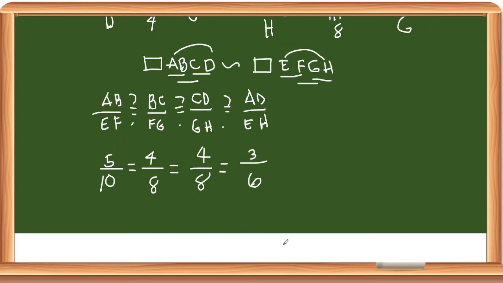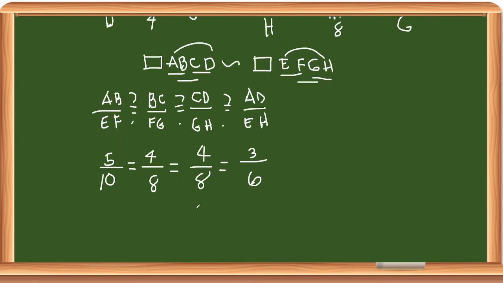Now, in order for us to know if they are proportional, what do we do? We only have to cross multiply, and if their product is equal, then they are proportional. So let's try to multiply. 5 times 8 is 40, as well as 4 times 10. So they are proportional.